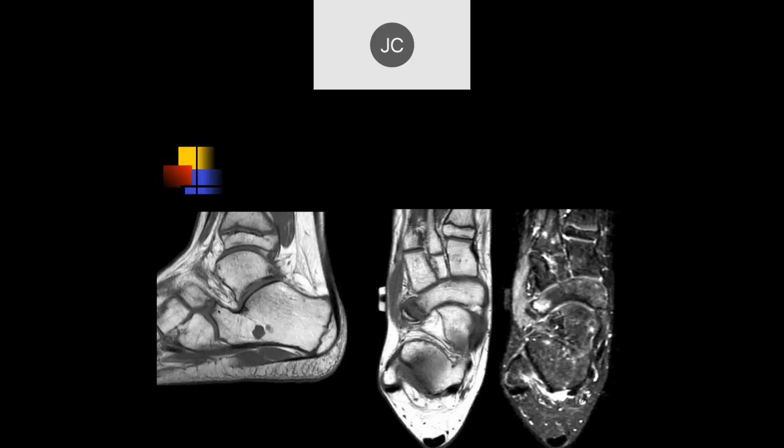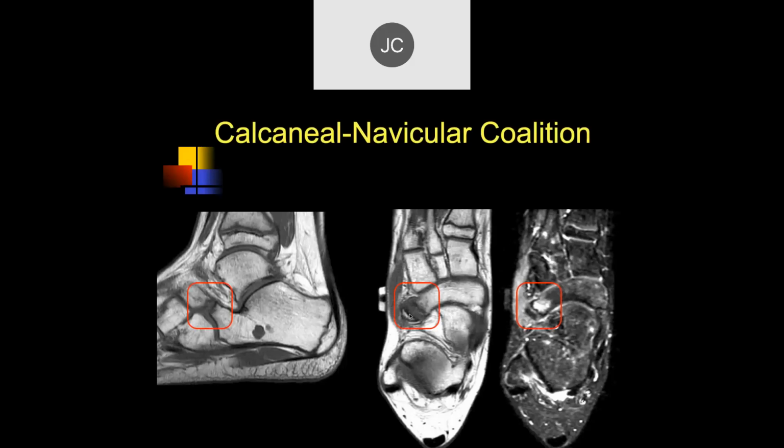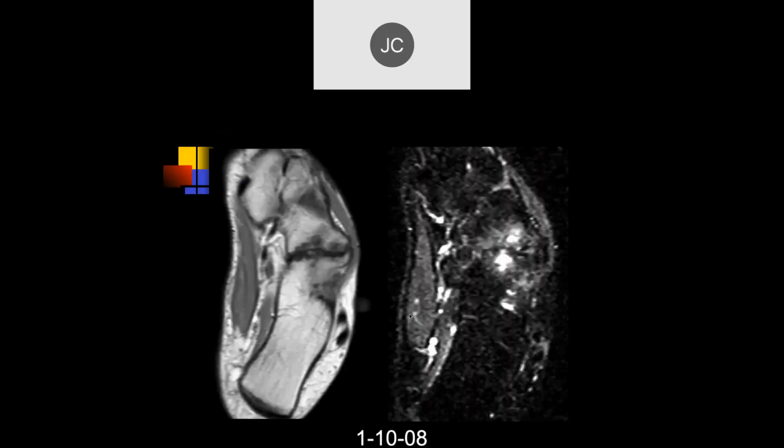Okay, so calcaneus and navicular. Again, we have this irregular bone across there, and here we can see a lot of edema within the navicular. So again, this has a very typical appearance of a fibrous coalition. And this is a very common location for fibrous coalitions.